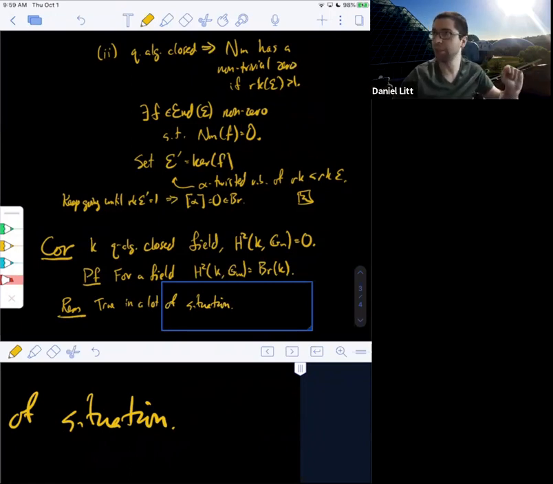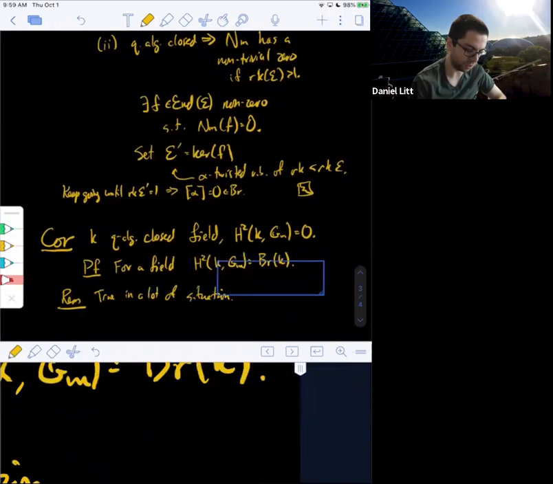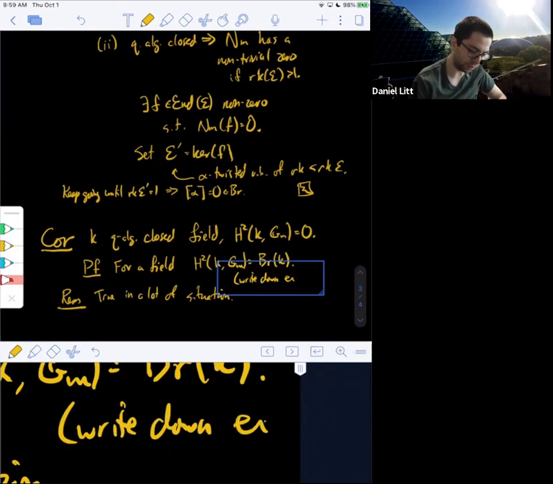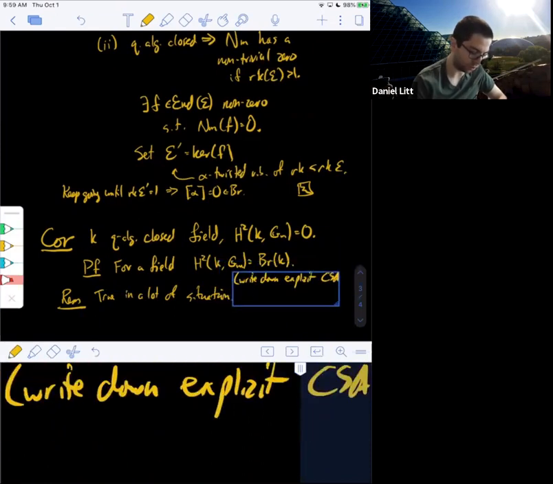So that's not true for all schemes, but I think it's true, for example, for all affine or maybe quasi-affine schemes. Maybe even weaker conditions than that. Maybe all you need is quasi-separated. I would have to check. Maybe quasi-compact and quasi-separated. So Gabber has a very strong result along these lines. But for fields, it's not very hard. And the proof for fields is you just write down an explicit central simple algebra using a cocycle.